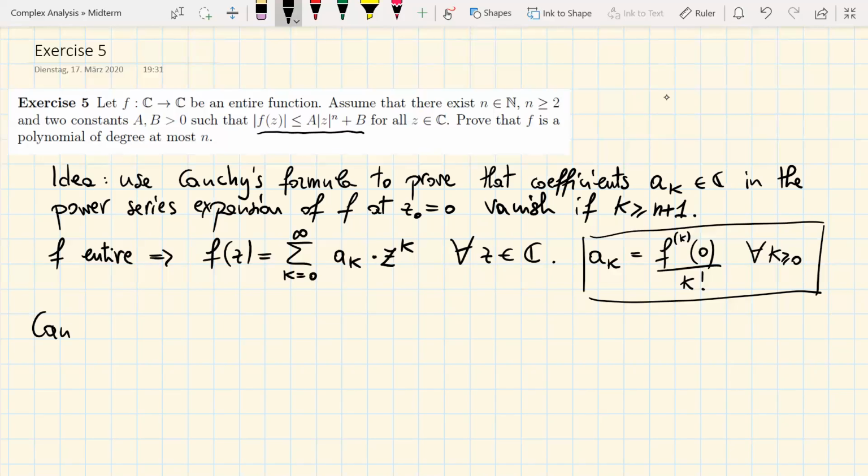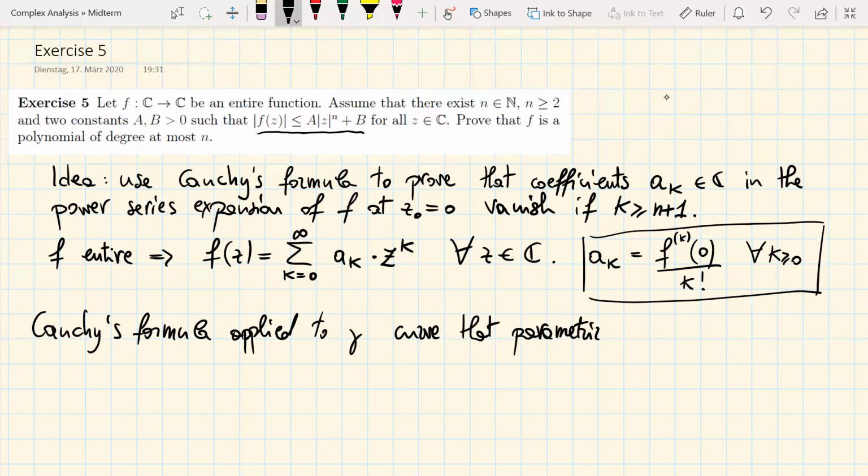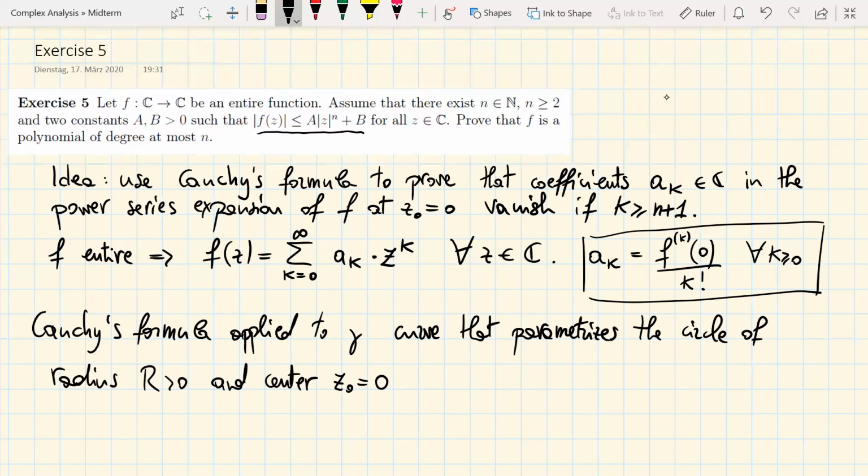So, Cauchy's formula applied to gamma, which is a curve that parameterizes the circle of radius r bigger than 0 and center z0 equal to 0 in the anticlockwise sense.